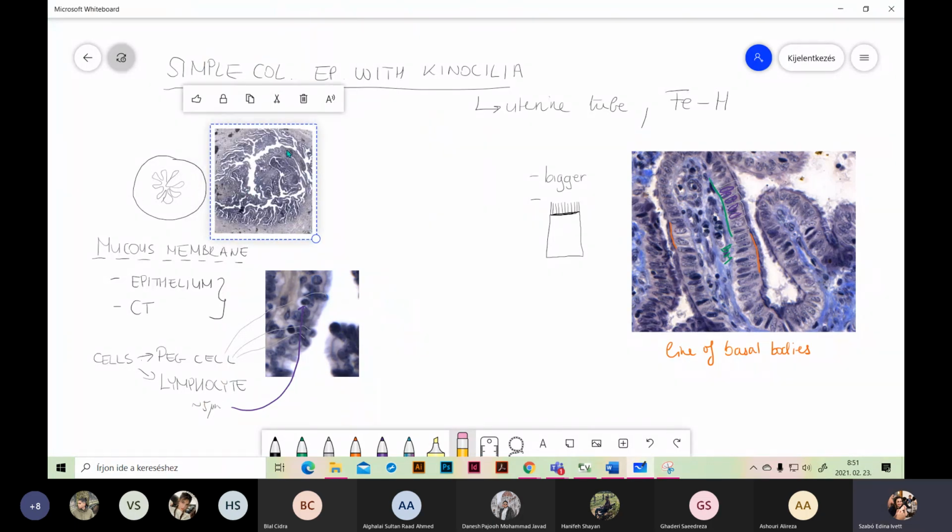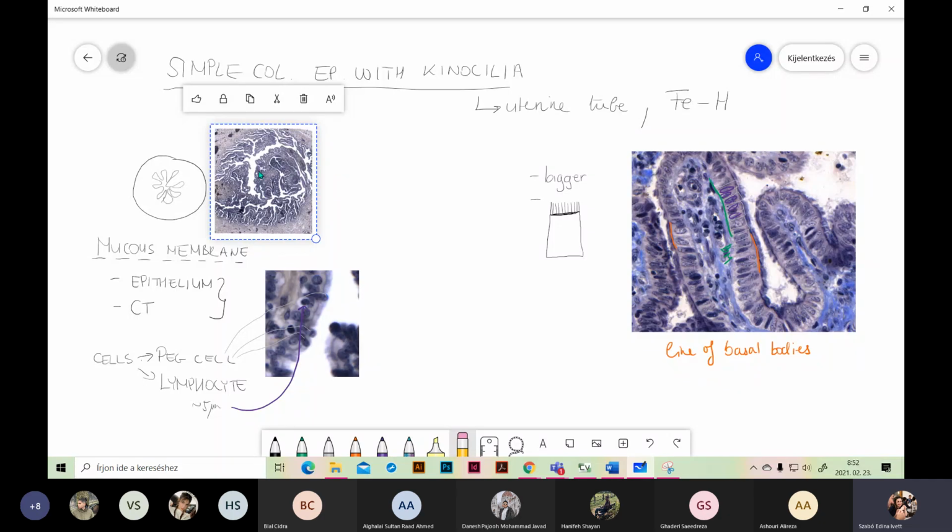This is the schematic picture. This is the real lumen of a uterine tube. And probably, you know, after inflammation, the tissues can stick together. The lumen here is very narrow. What happens in these folds? They can stick together. So what are the consequences?